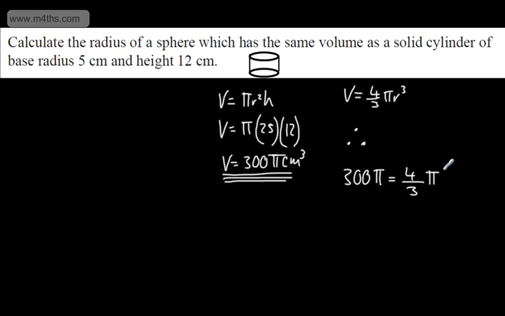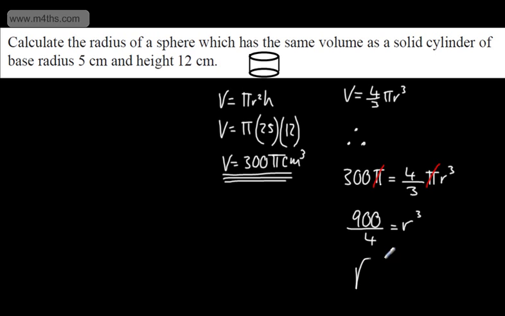At this stage, pi is just a number, so we can divide both sides by pi. So what I've got then is 300 is equal to 4/3 multiplied by the radius cubed. If we multiply both sides by 3, that gives me 900, and divide both sides by 4, that is going to be equal to the radius cubed.